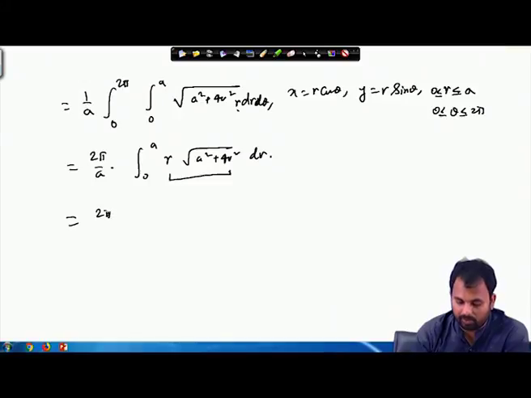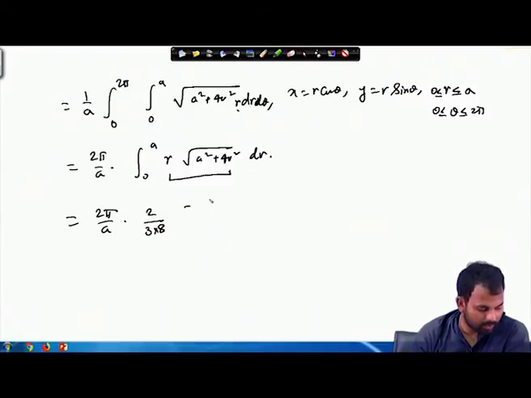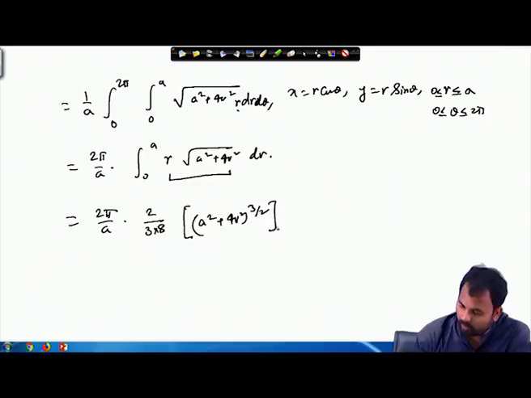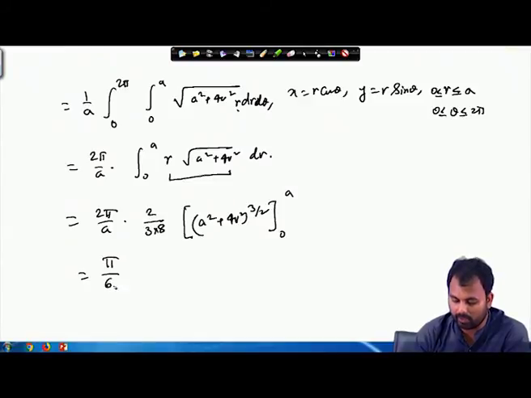So, ultimately you will obtain 2 pi by a, 2 by 3 times 8, then this will be a square plus 4 r square whole to the power 3 by 2 integral from 0 to a. So, this will be 4 and then 2 there. So, this will be pi by 6 a, and here we will have 5. So, when r is 0, so this will be 5 a square whole to the power 3 by 2 minus a square whole to the power 3 by 2.